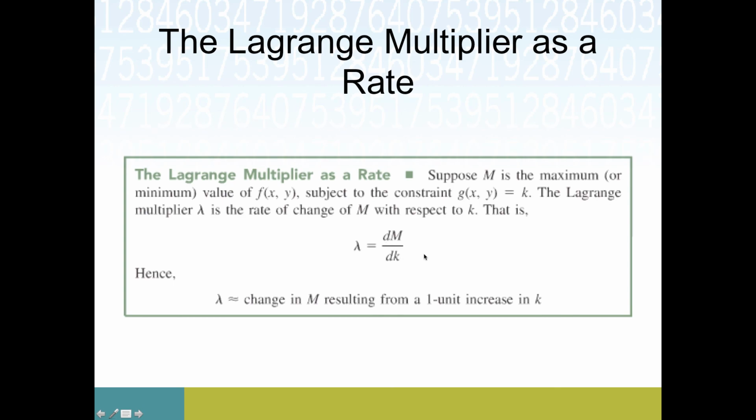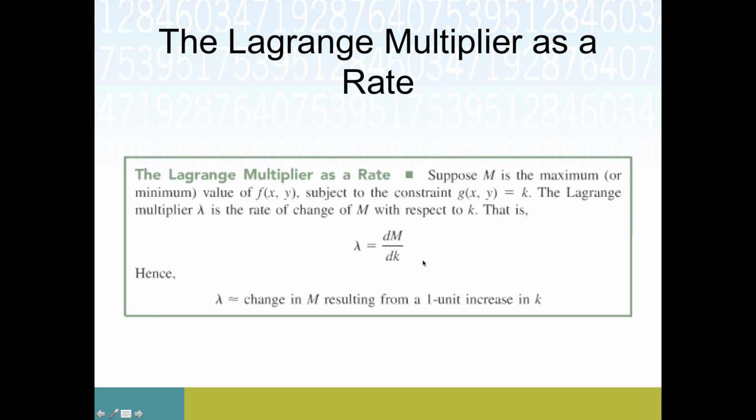There's a neat little mathematical construct for this, but essentially the claim is that if we have some function we're trying to optimize, find the max or min, with the constraint, same notation as our original definition, this k being the constant that all the variable stuff in our constraint would be set equal to. It turns out that if you made some small change in that constant, then lambda is exactly what we would expect the change in the magnitude of that maximum or minimum to be.